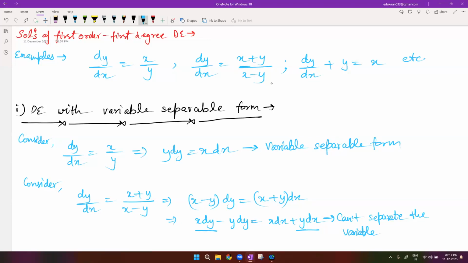In fact, whatever I have written here, these are three different types of differential equations that will be used in your syllabus. These three equations are basically three methods. They will use three different methods to solve the differential equation.